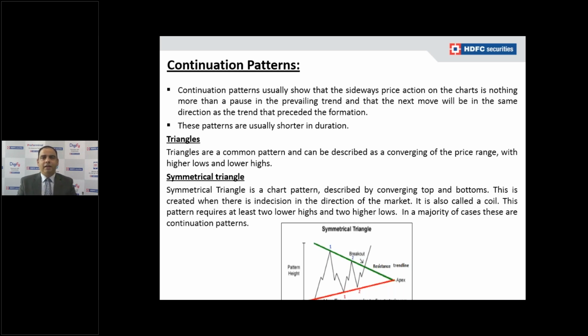So one of the trend continuation patterns we see initially is triangles. Friends, what is a triangle? You can draw a triangle on paper. The common pattern can be described as converging price, where prices move from a higher range into a lower range. What does it mean?